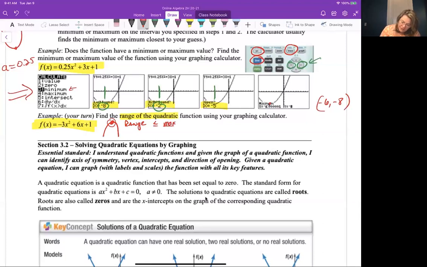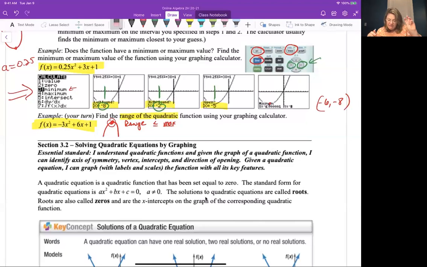You would have had to do the same thing. You would have hit y equals and entered the equation negative 3x squared plus 6x plus 1. Then you would have gone to second function trace, which would have taken you to the calculate mode. But this time you would have selected maximum, which is number 4.